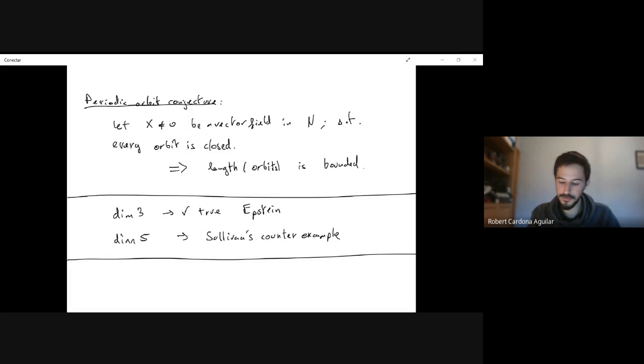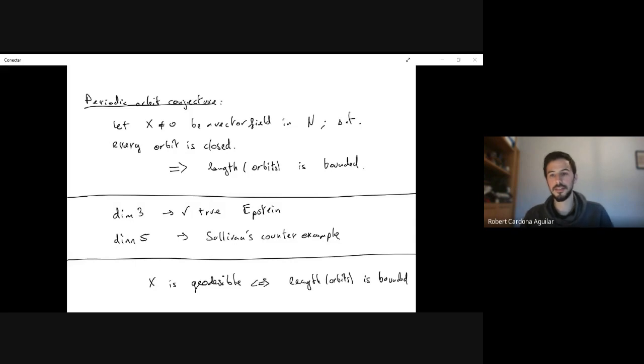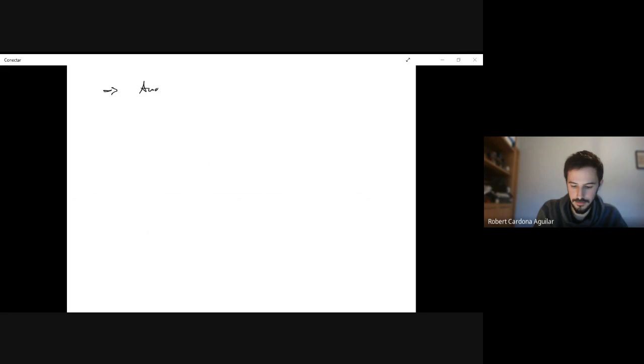It was proved that X is geodesible if and only if the length is bounded. So what this is telling is that any counterexample is not geodesible.